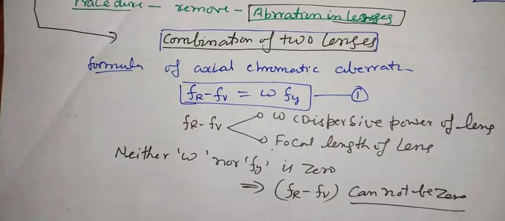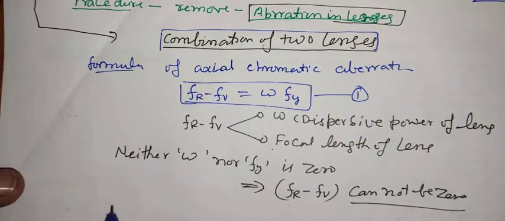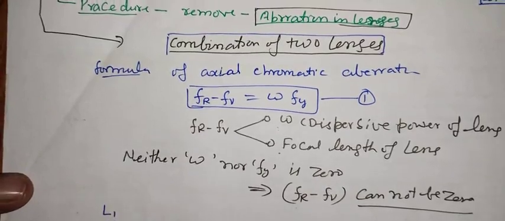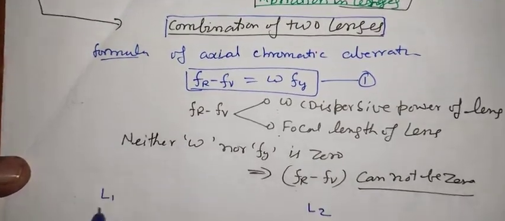To minimize it, we are going to select two lenses, L1 and L2.